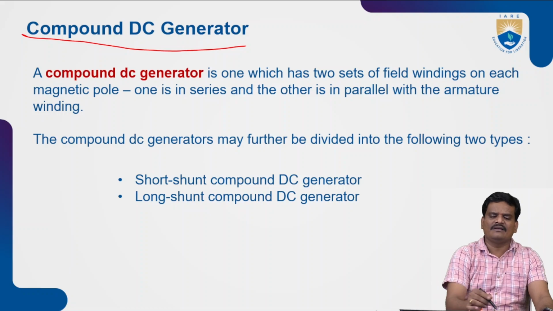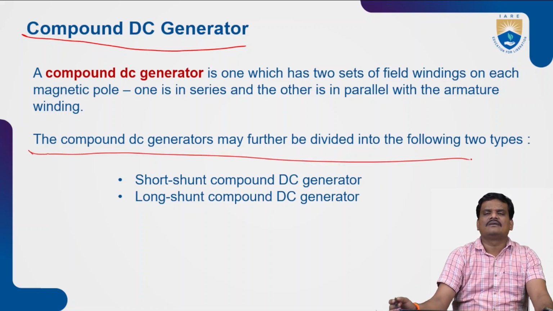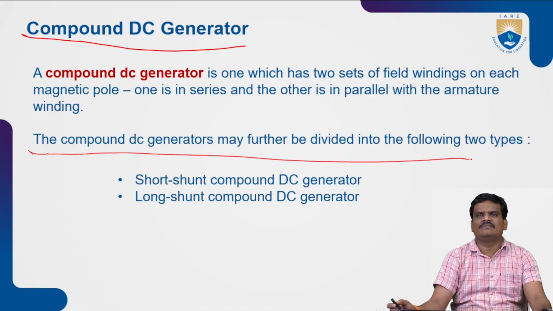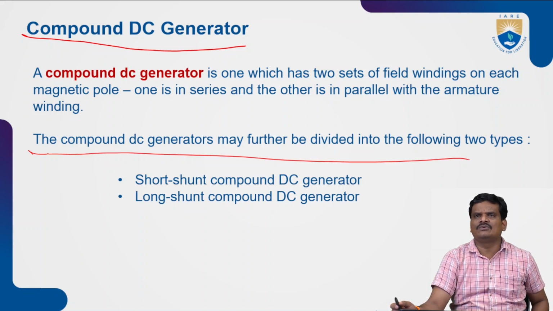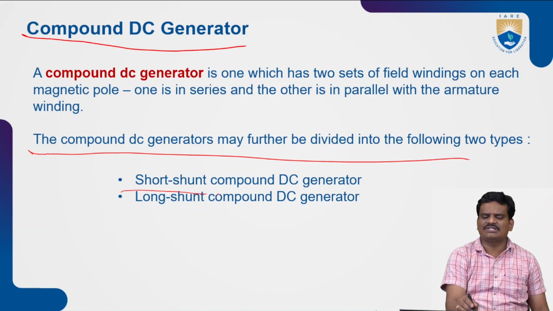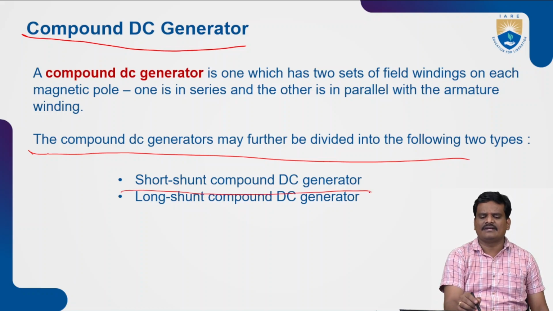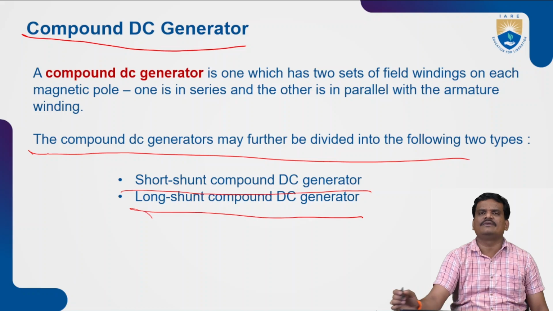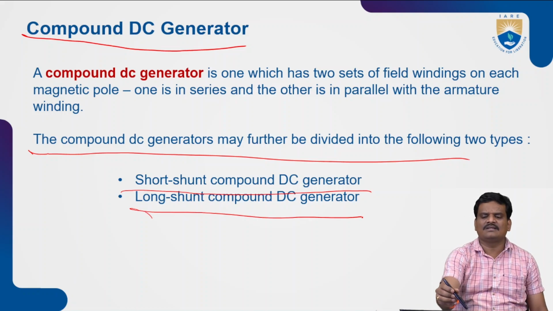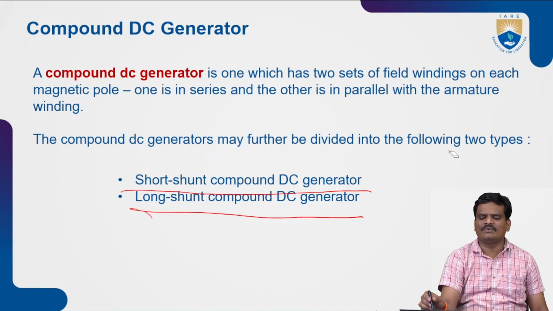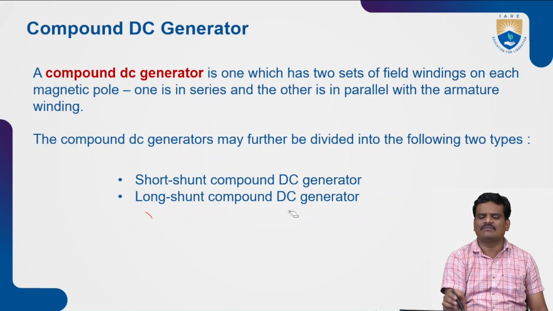Depending upon that particular connection, compound DC generators are classified into two types. One is the short shunt compound DC generator and the other one is the long shunt compound DC generator.